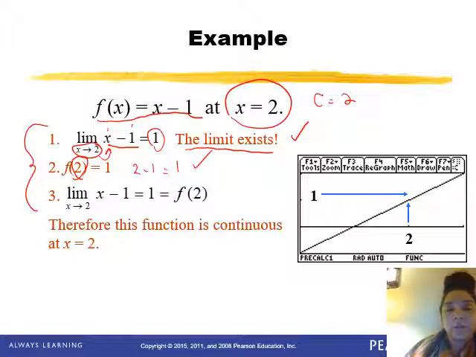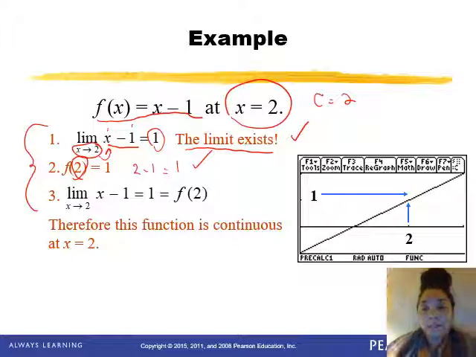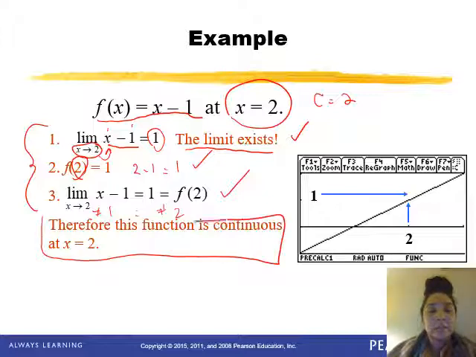Check. Now the last part of this test is, is number 1 equal to number 2? And it is. The limit of x minus 1 as x approaches 2 is 1, and f of 2 is also 1. So this checks out, and the function is continuous at x equals 2.